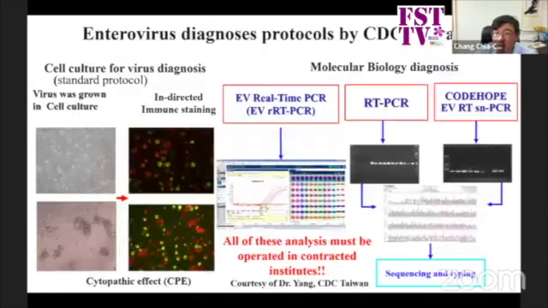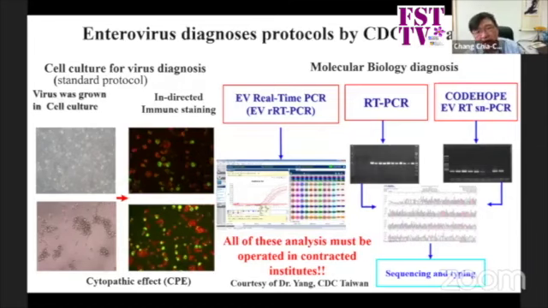Okay, so let's see what the typical protocol by Taiwan CDC is. In general, when hospitals report some severe cases, those hospitals take samples from the patient, and those samples are sent to the CDC and their contract laboratories for virus diagnosis.